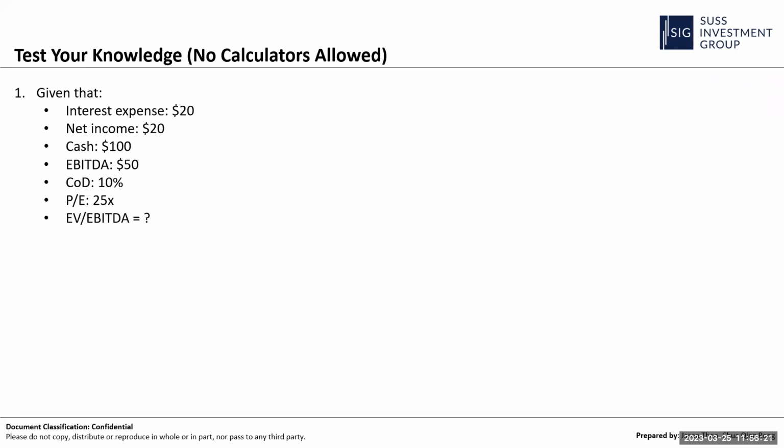You can take your cost of debt as the interest rate that you are paying. So how will you get to your EV/EBITDA? I give you your EBITDA value, $50. To get to your EV/EBITDA, what is the other variable that you need to get? That's the first question.